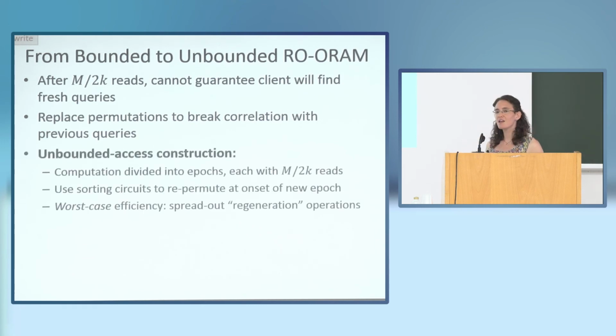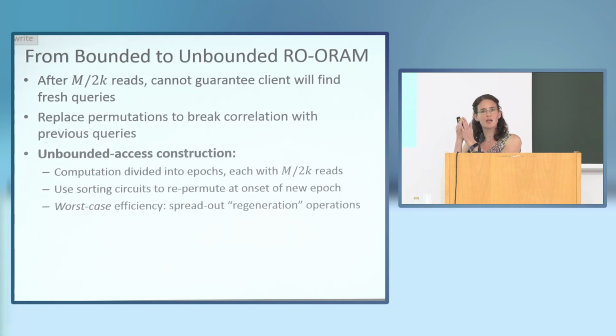So what's the idea? The idea is to take the execution and divide it into epochs. Each epoch is the maximal number of accesses that I can accommodate. Once an epoch ends, I'm going to replace everything. So the client will choose fresh permutations and repermute all the codeword copies using these sorting circuits. And this doesn't have to be very, very fast.